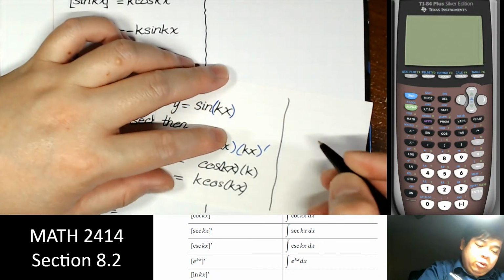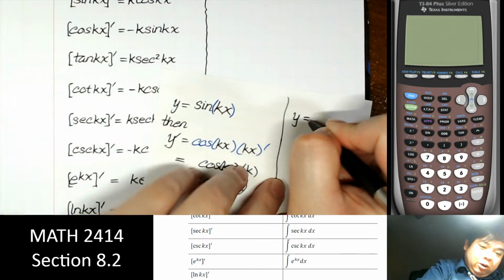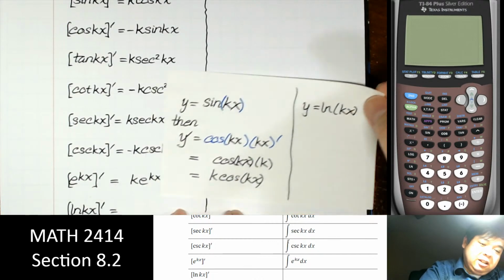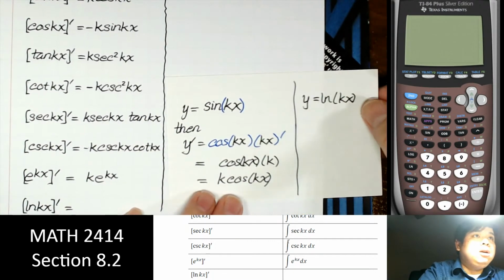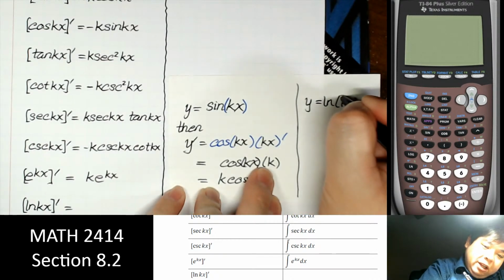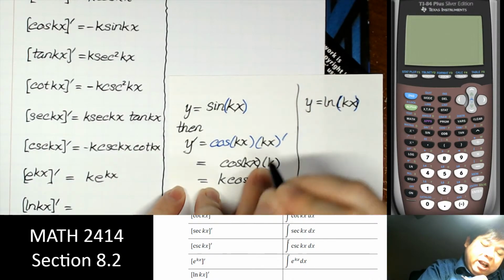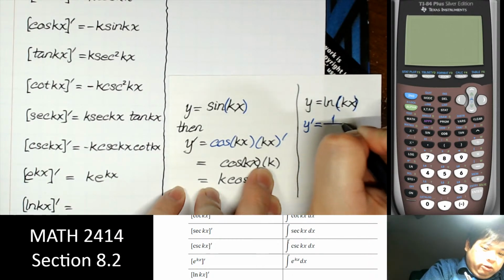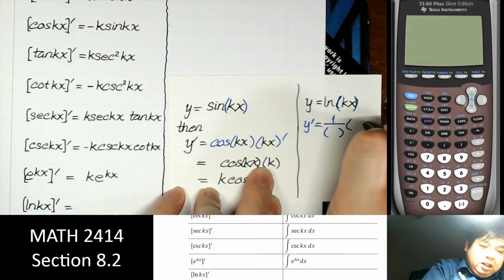What we actually do is y equal to ln of kx. And we have the function of kx. When we take the derivative, it is 1 over the parentheses, and then the derivative of the parentheses.